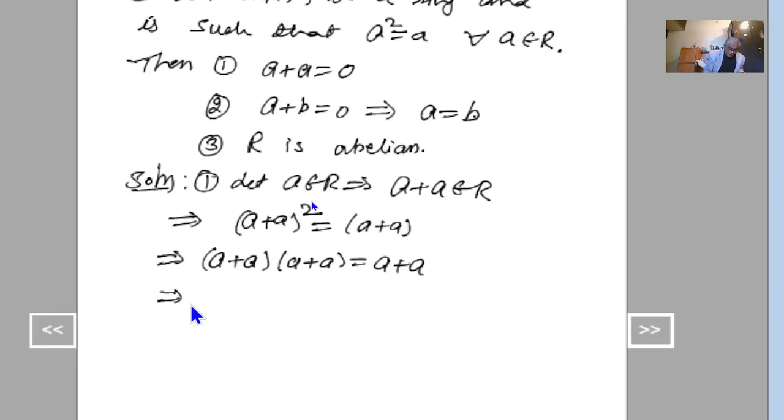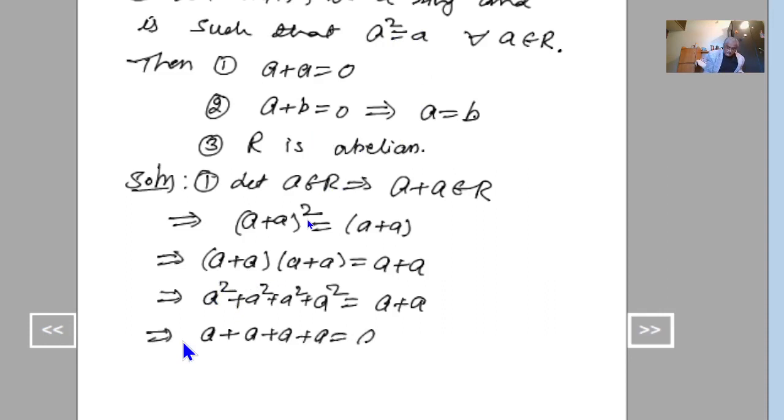And by the distributive laws, we can take the multiplication: A into A plus A into A plus A into A plus A into A. That is A square plus A square plus A square plus A square is equal to A plus A. And here we have A square equal to A. So this implies A plus A plus A plus A is equal to A plus A. Now treating this as one element and these three as another element, and on the right hand side we have this one element and this other element, we can use the left cancellation law.